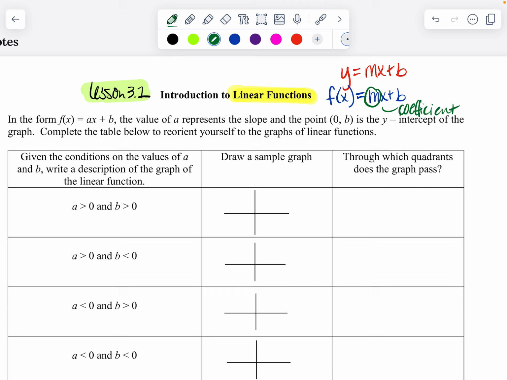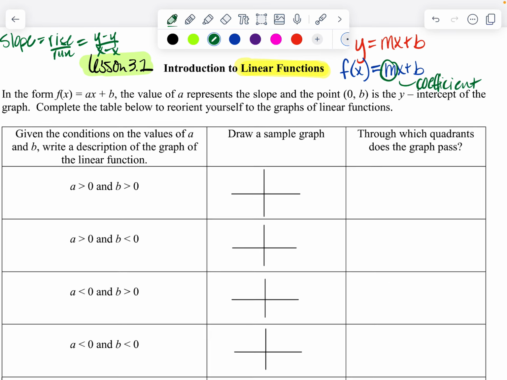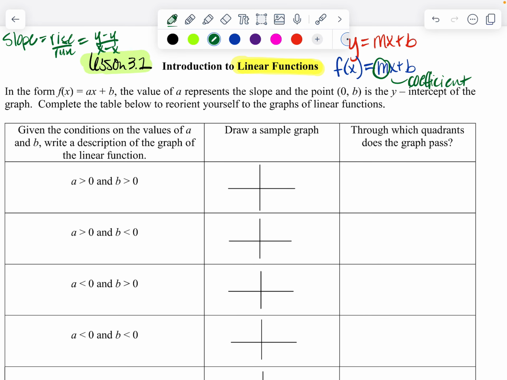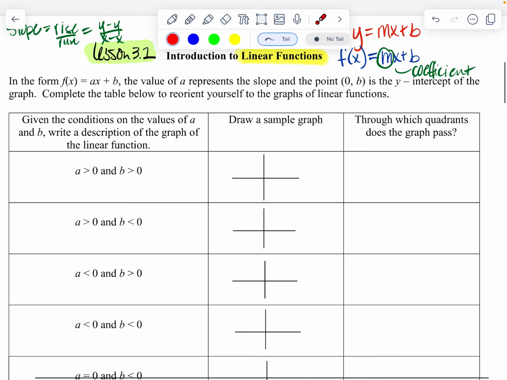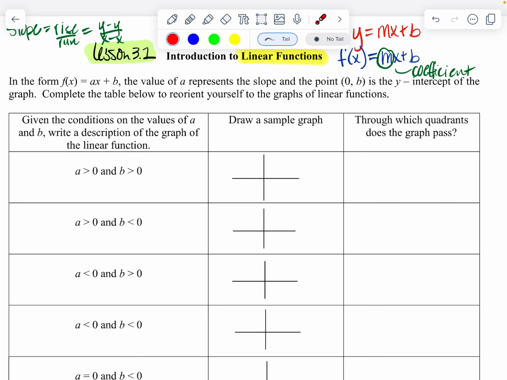So remember that slope, just a little reminder, is rise over run, it's change in y over change in x, right? Okay. And then the y-intercept just means where it crosses the y-axis, where the function crosses the y-axis. So all of this should be familiar and not new, and maybe it has been a while since you've done it, but we're going to do it now.